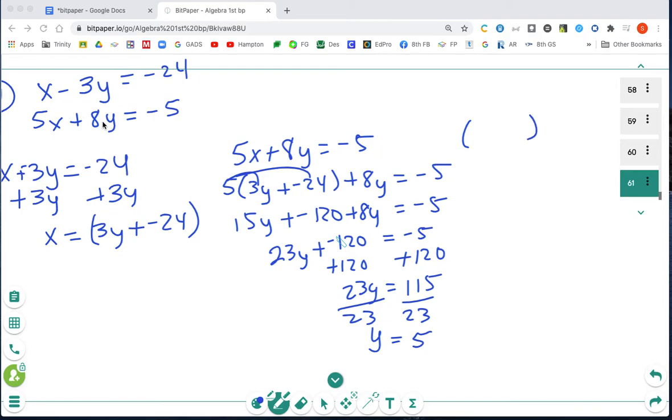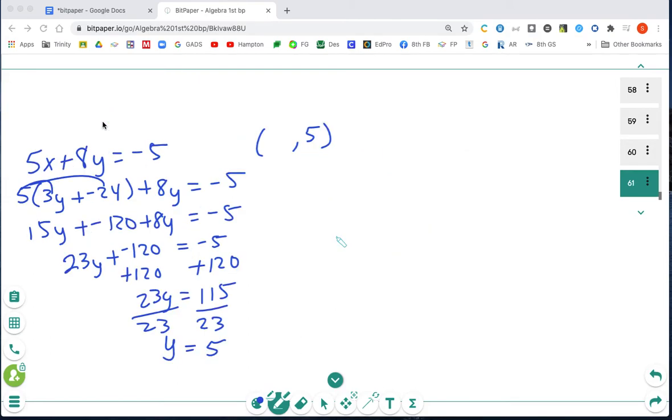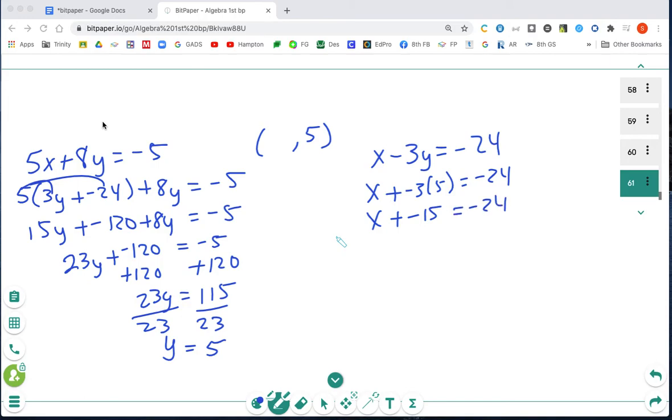So I have my y. So now I need to find my x. So I'm going to go back to my first equation, and I'm going to use x minus 3y is equal to negative 24. x plus negative 3 times 5 is equal to negative 24. x plus negative 15 is equal to negative 24.